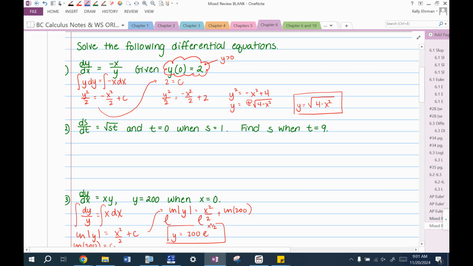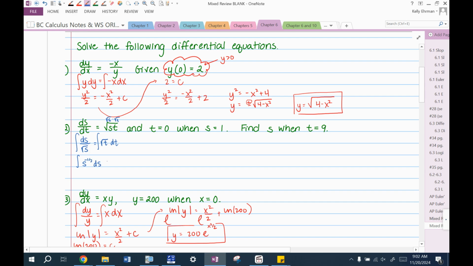So we need a formula for s so that we can plug in 9. So when we separate here, remember you can make this radical s times radical t. So I'm allowed to divide by radical s, and then I can leave radical t here times dt. When I integrate this, it might be helpful to rewrite this as s to the negative 1/2.